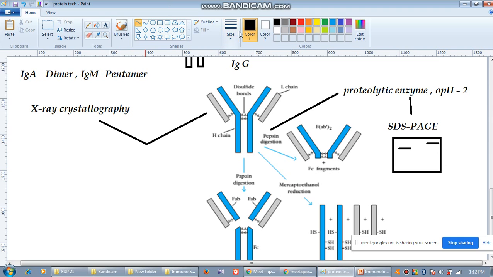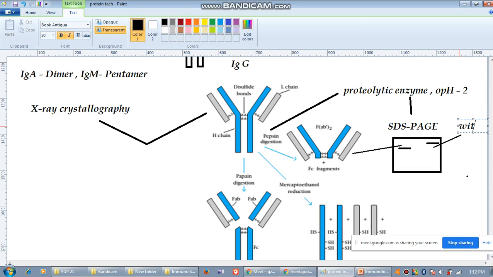Now here you see, this is our SDS page. This came from after digestion, and this is our native antibody molecule, that means without any digestion. Or in order to understand properly, this is with pepsin digestion, this is without pepsin.